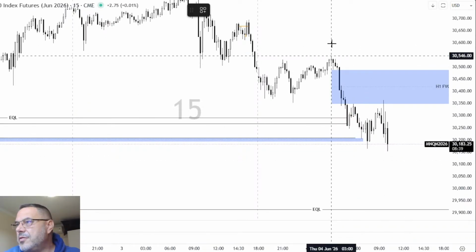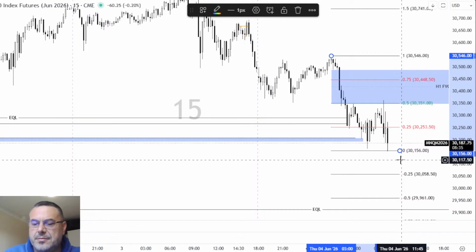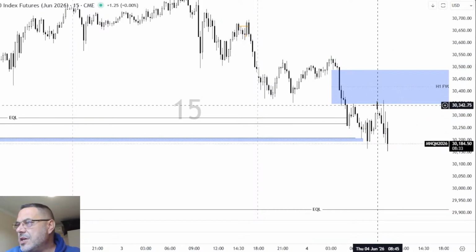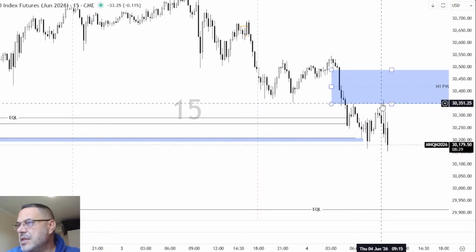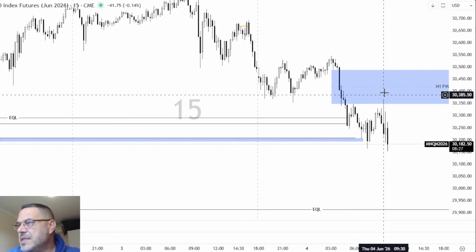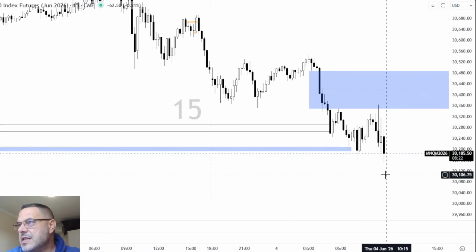I would have thought, oh, that was 50%. So that's perfect. So price doesn't have to come deeper in this fair value gap. It just had to touch the fair value gap above the 50%, and then it will be normal for it to sell lower.